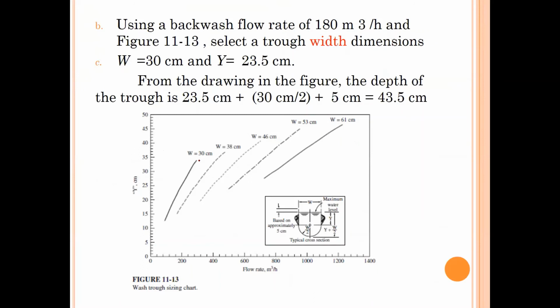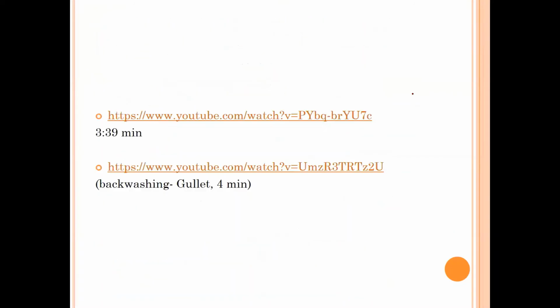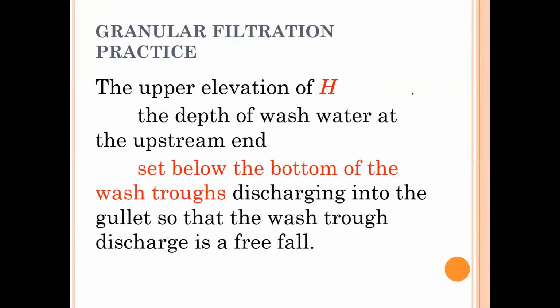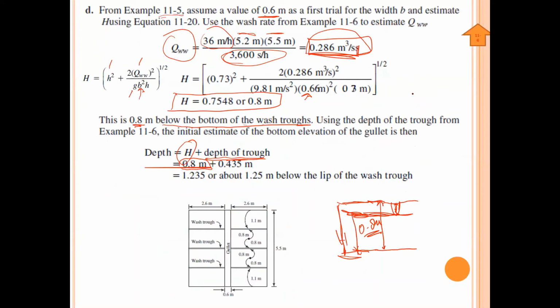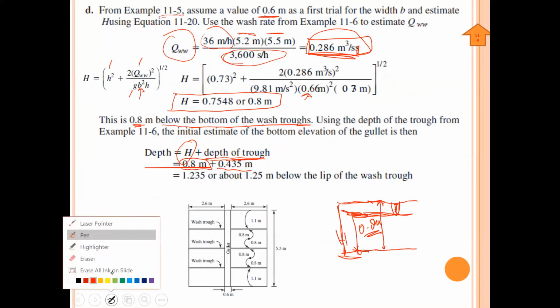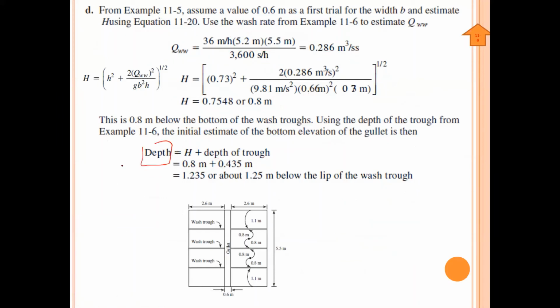This is the depth of wash trough, it's 43.5 centimeter. Now you can convert it into meter. We can put it here. So this is the total depth, which will give 1.235 or 1.25 meter below the lip of the wash trough.